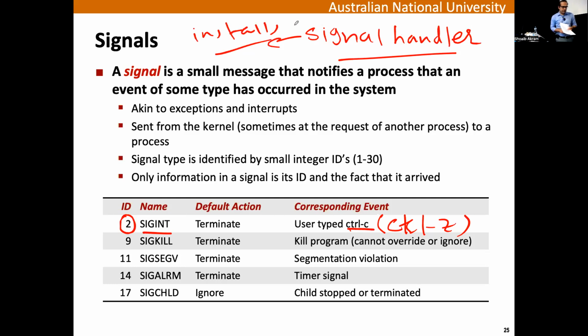So the process has a way to inform the kernel, hey, whenever I'm in the foreground and you see this specific signal, don't do what you do by default. I want you to run this code. And it's called a signal handler.